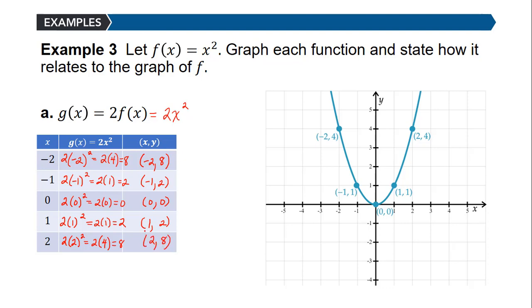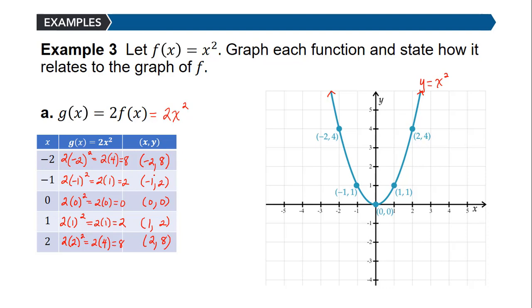So I have already on my graph the graph of y equals x squared. And remember, that's one of those basic functions I said you need to know the graph of. This is a parabola that goes through the points (-2, 4), (-1, 1), (0, 0), (1, 1), and (2, 4).